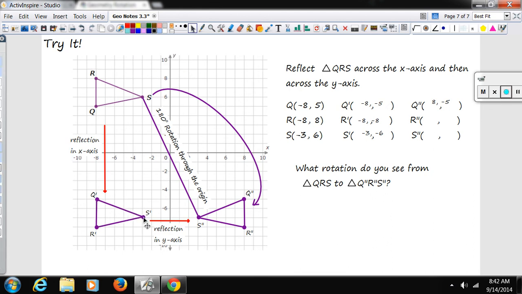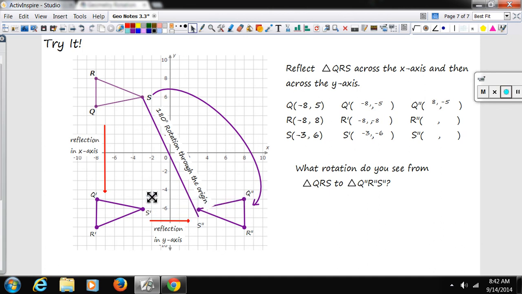Oops. Okay, so that actually should be over here. And this should be up there. That's more the picture. And then S here should be above. I wonder why my line wasn't exactly through the origin. Now I know why.